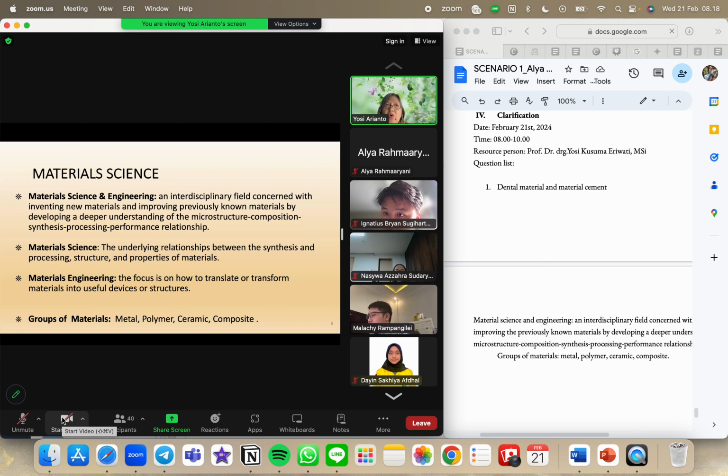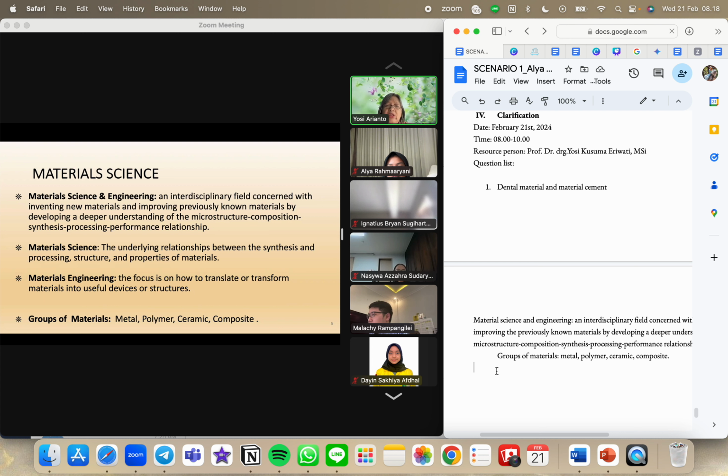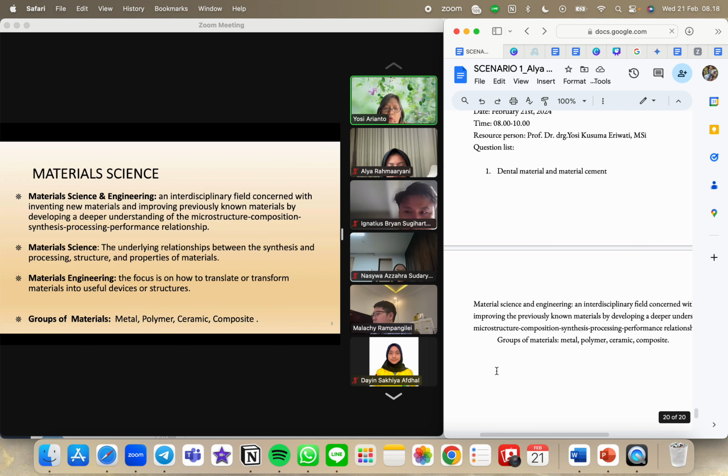In engineering, sometimes they put some other material that is very important for the engineering. Yeah, but for dental materials, we use these four groups of materials. Okay, remember metal, polymer, ceramic, and composite. Okay.